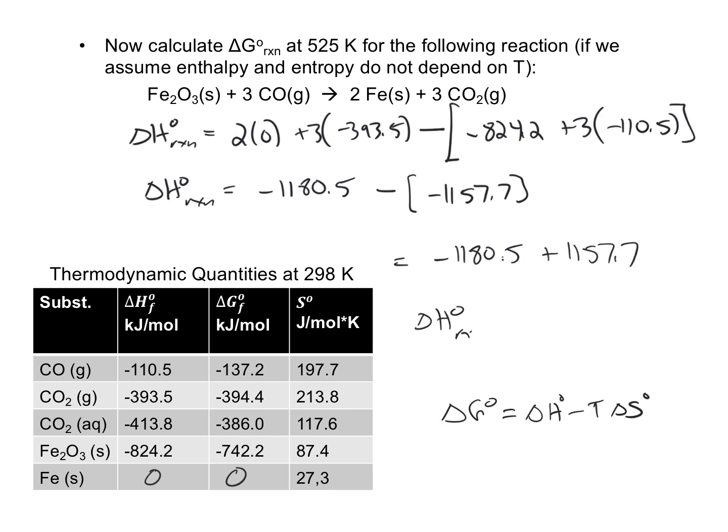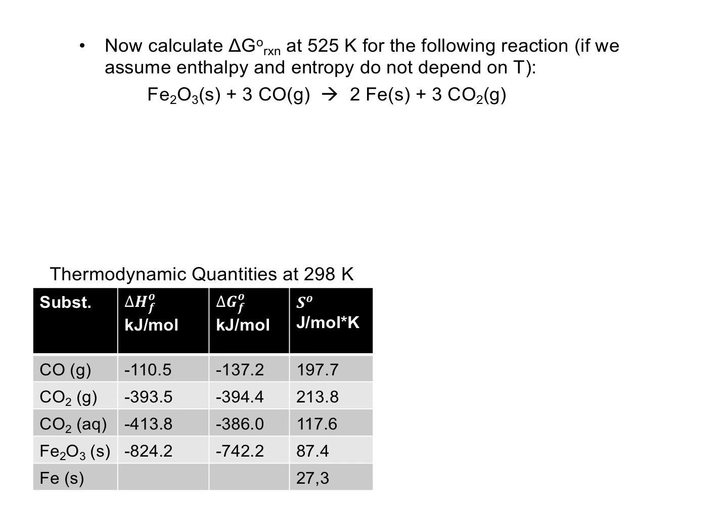And that gives me a delta H for this reaction of negative 24.8. And again, the units on delta H, just like on delta G, are going to be in kilojoules per mole. All right, so let me go to the next slide and we'll do the same thing for the entropies.